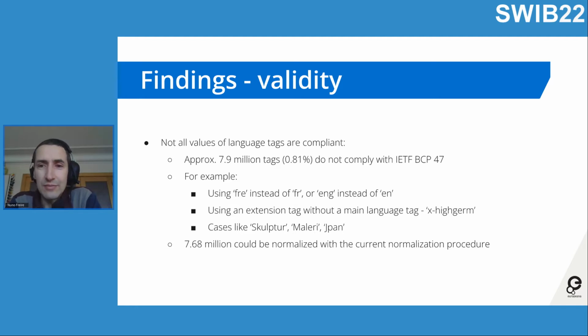And then there are really some misuse of language tags. And we also noticed that around 7.68 million could be normalized with the current normalization process that Europeana has in place for the new data that comes into Europeana.